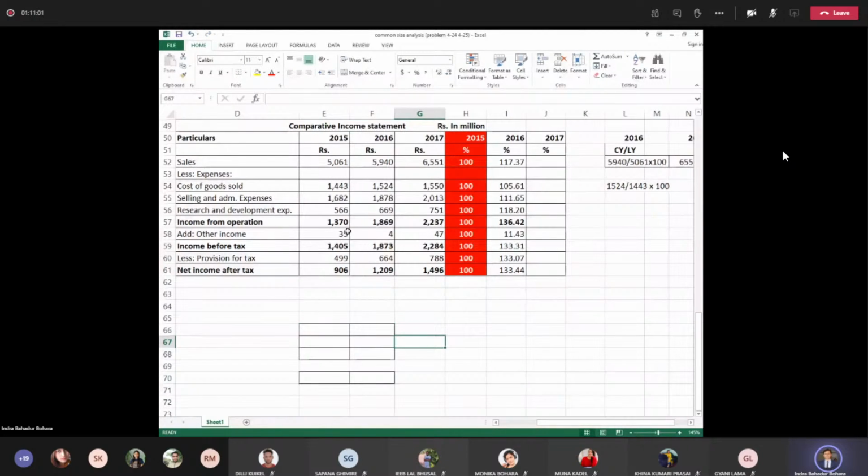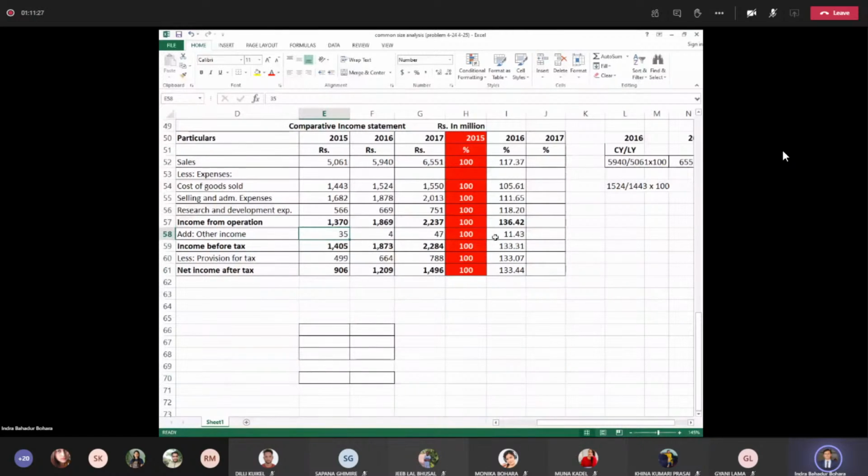Similarly, you calculate other income. Other income was 35, and other income is now 4. Other income decreased here. So 4 divided by 35.